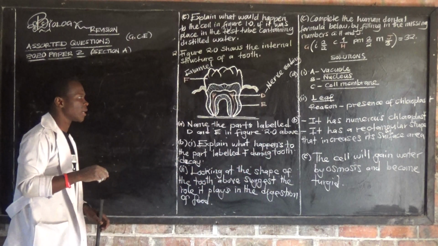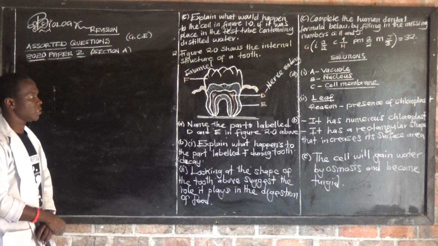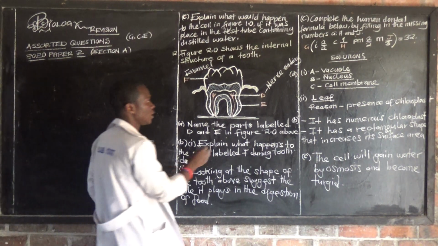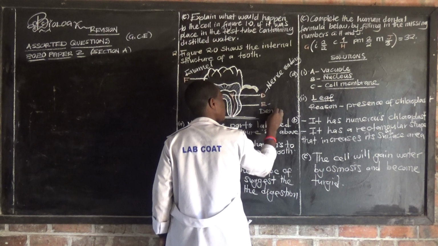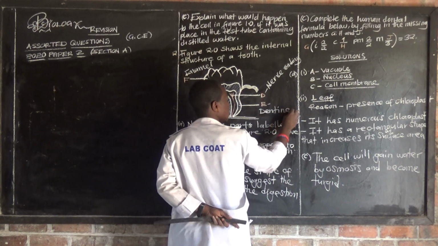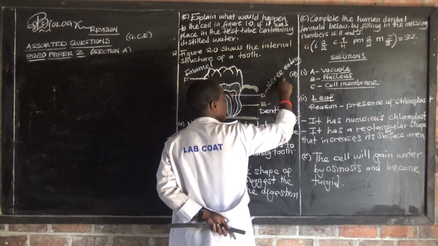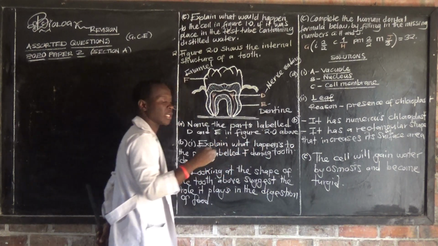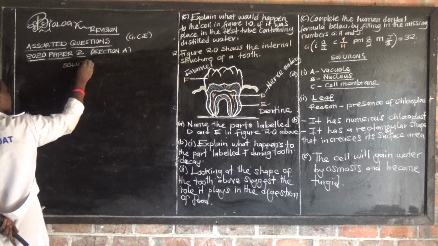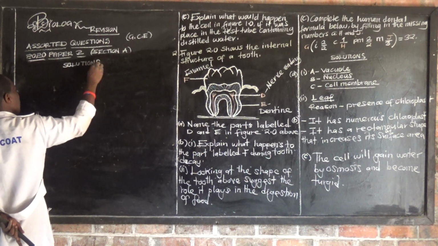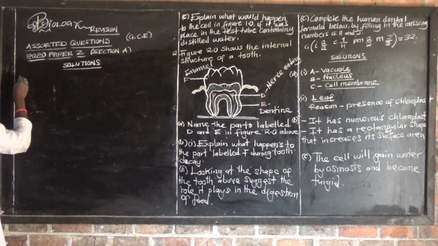Then what is our E? This is our dentine, right? So D, this is our nerve. Then E, this is our dentine. So let's write. So solutions. Question A, Roman numeral 1.